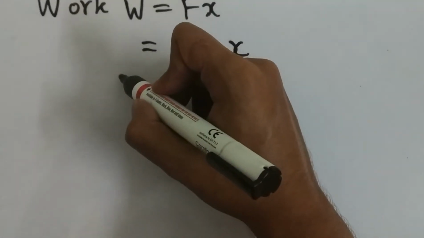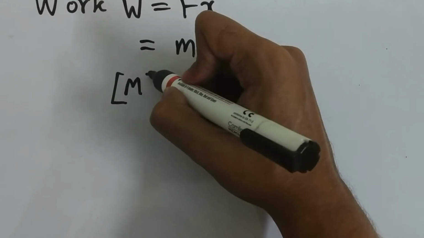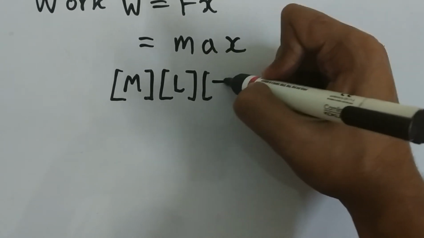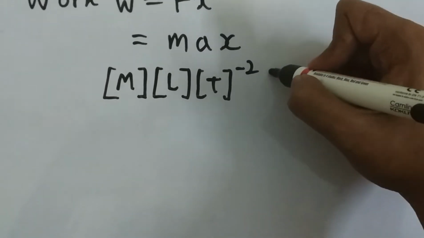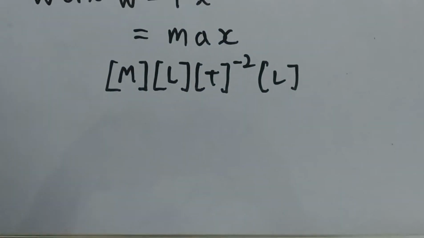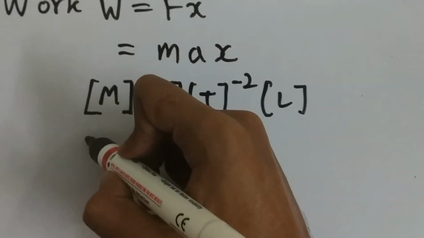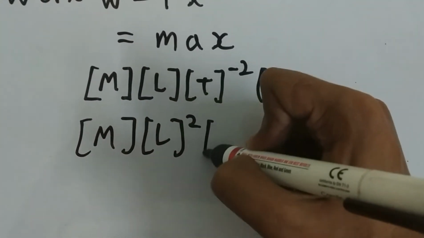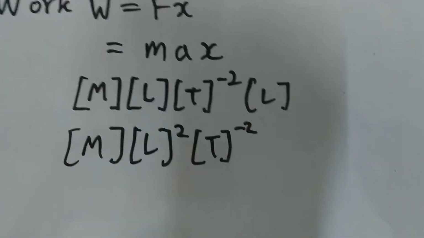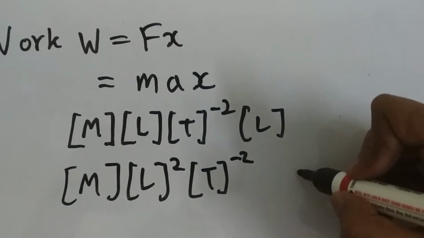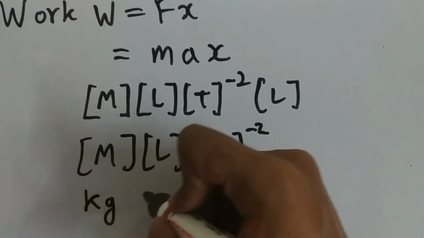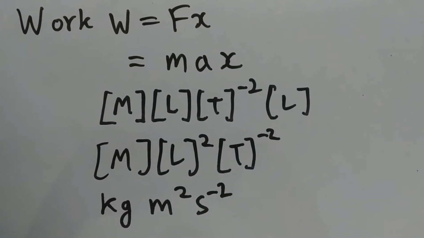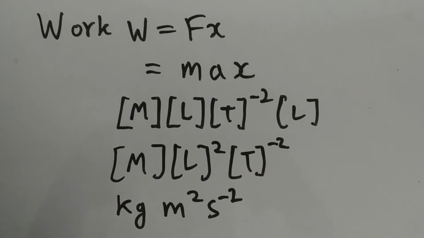So let's write its dimensional formula. Dimensional formula is M L T to the power minus 2 times L. This we can rewrite as M L square T to the power minus 2. So what's the unit of work? The unit of work is kg meter square per second square. This is how you can use dimensions to predict units.